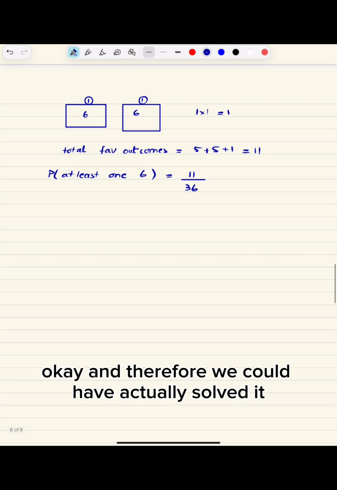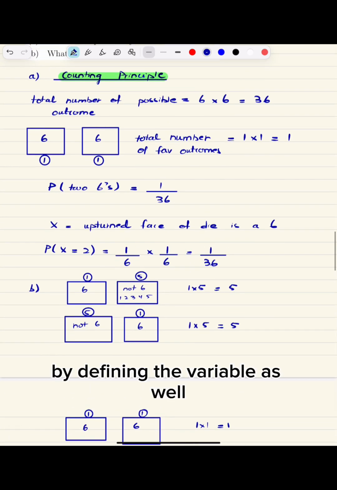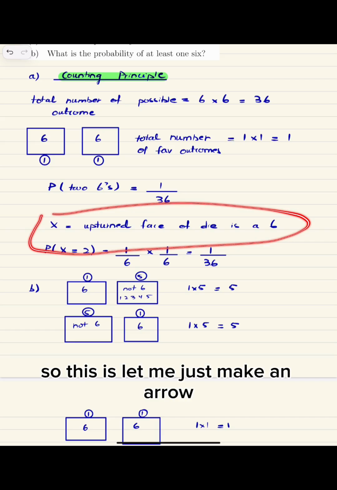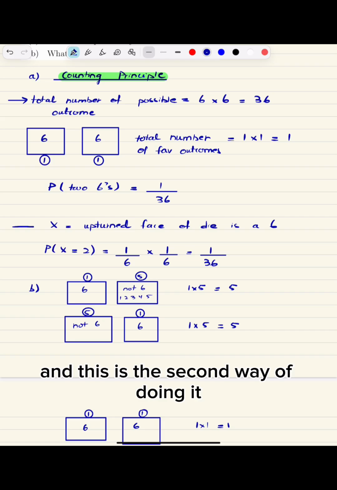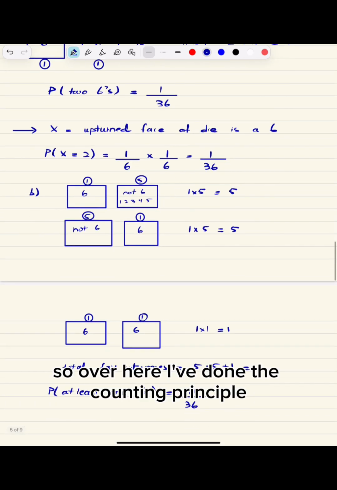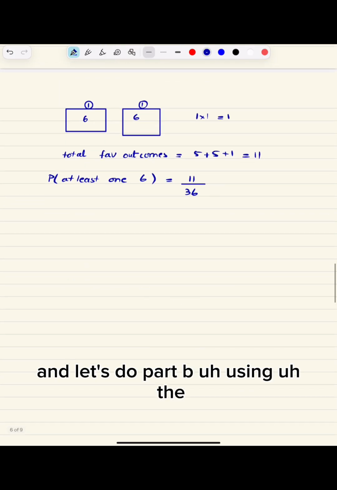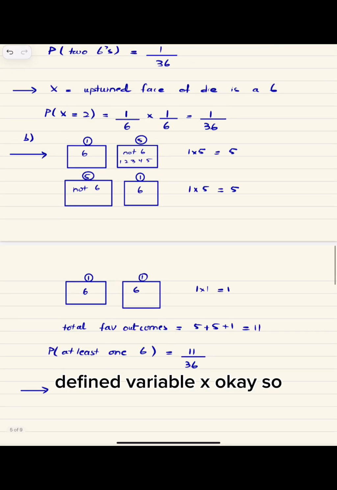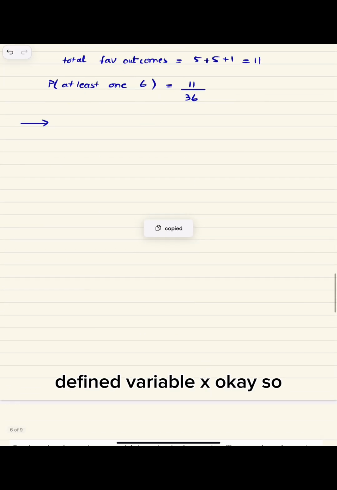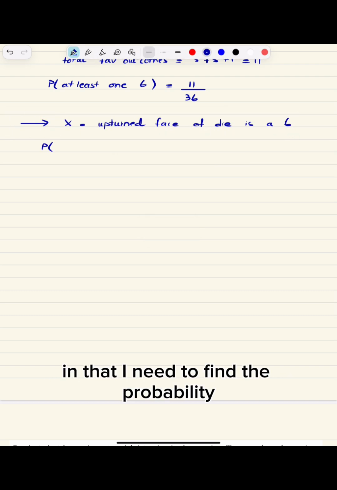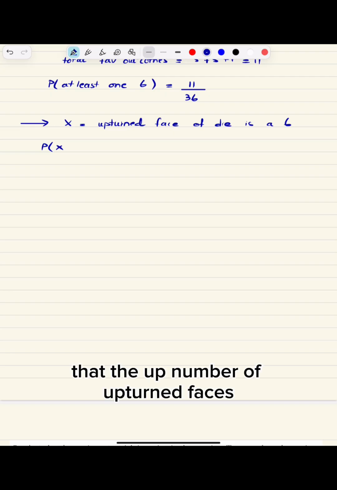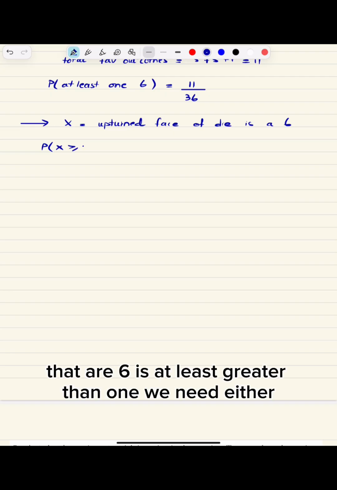Okay, and therefore we could have actually solved it by defining the variable as well. So this is, let me just make an arrow, the first way of doing it and this is the second way of doing it. Over here I have done the counting principle, and let's do part B using the defined variable X. What I'm interested in is the probability that the number of upturned faces that are 6 is at least 1.